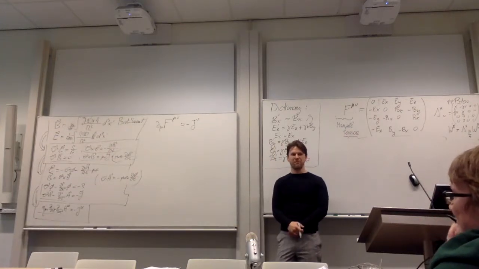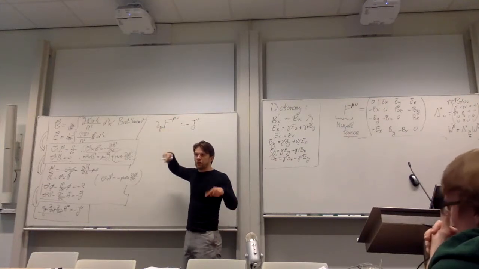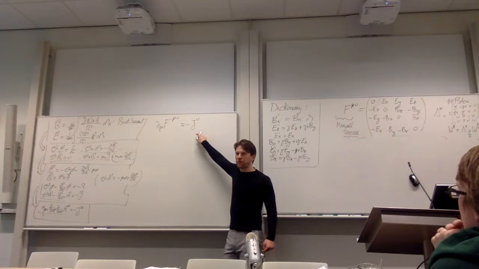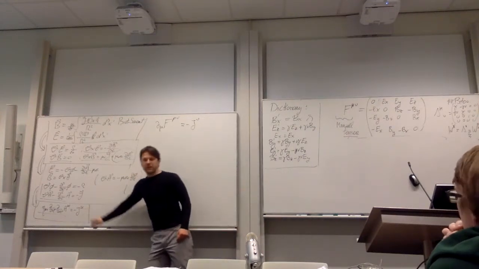That's my claim. That once we now know that this is a tensor, take its contraction with the derivative, that's this thing. My claim is it gives you back exactly the 4-vector for the charges and the current. In other words, that's this equation written in terms of a tensor.